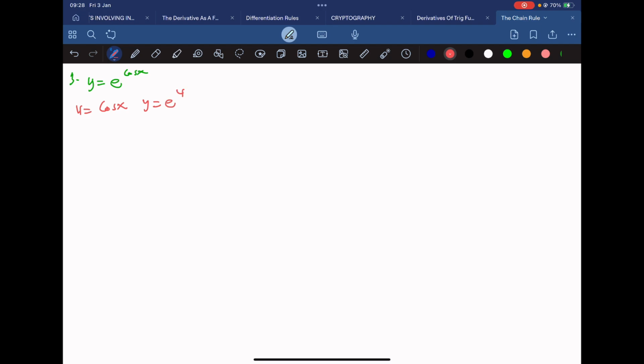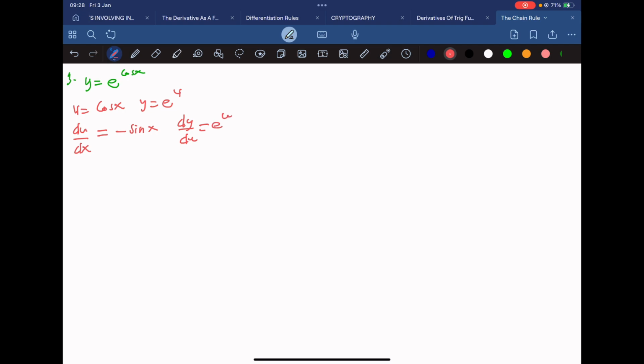Now, since this is x, you have to differentiate with respect to x. And if you differentiate cos(x), you have negative sin(x). This is u. So if you differentiate y with respect to u, you have eᵘ, which is just the same as, it's similar to something like eˣ, right? So if we differentiate this, you have to get the same thing.